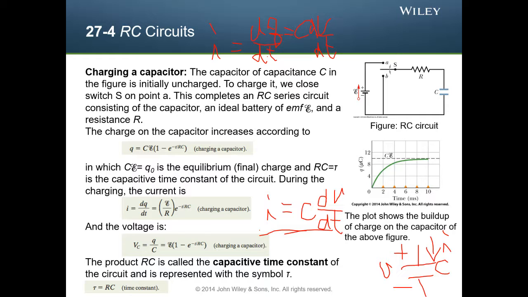The voltage drop across the resistance is Ri, and so it is RC dV/dt, plus this is V. So simple. And for the right hand side, this is Vs, the source. So actually, you convert a circuit into a differential equation.